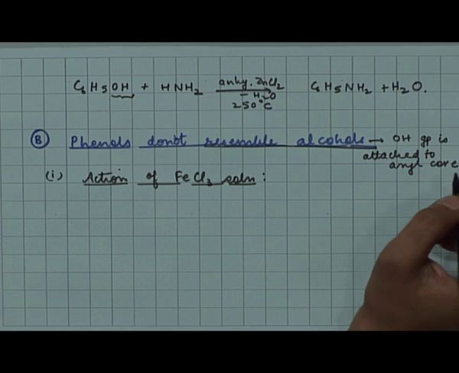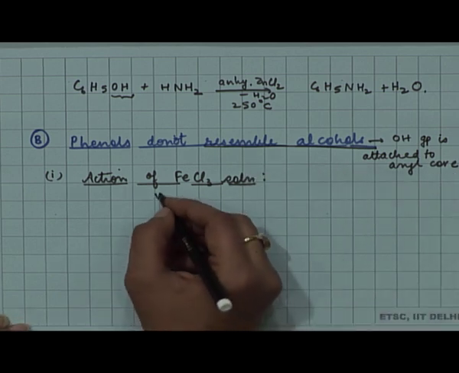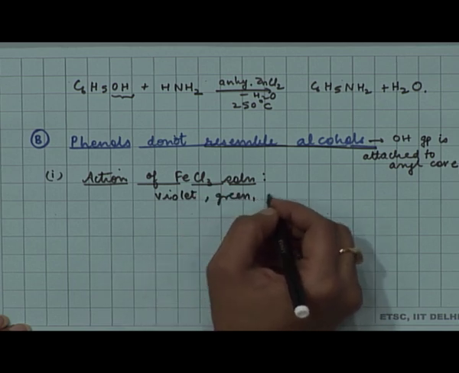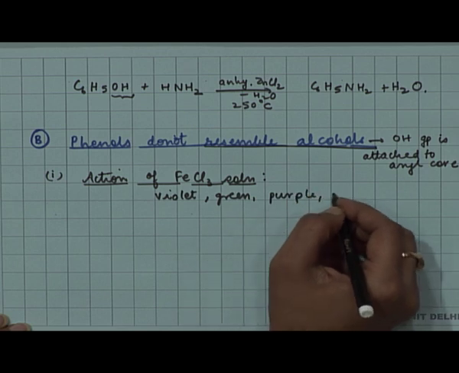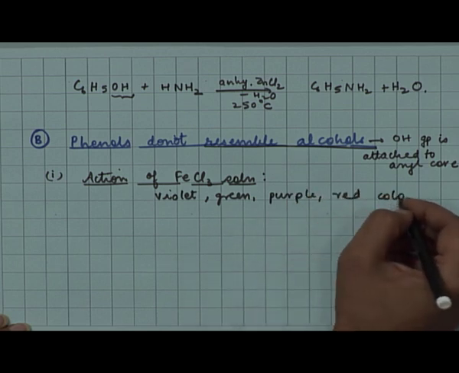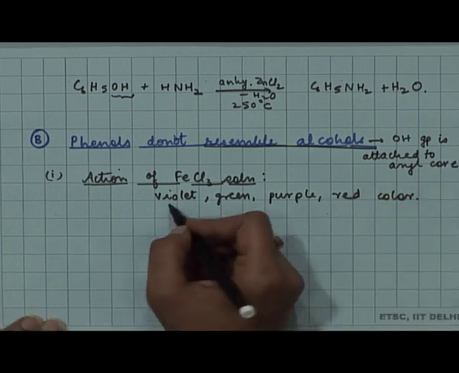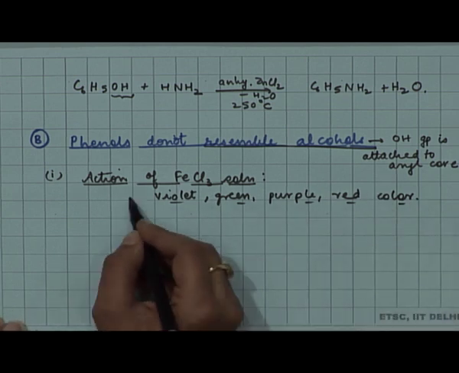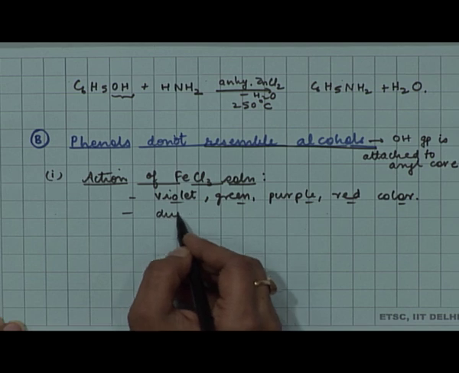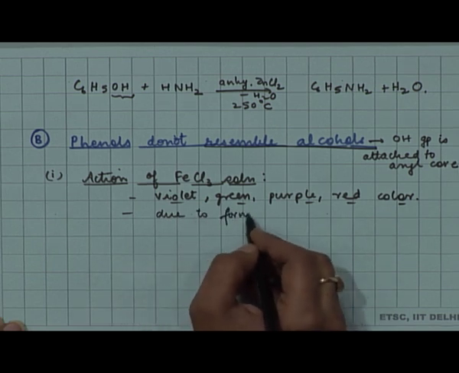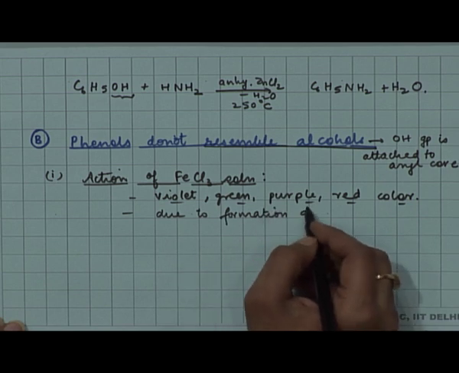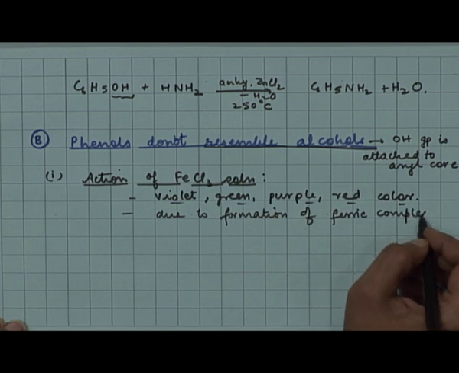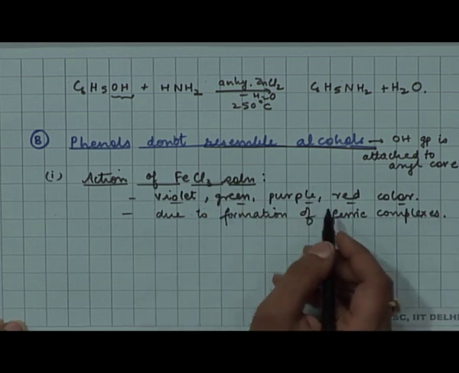The action of ferric chloride solution on phenol gives a violet, green, purple or red color. Different colors appear depending upon the type of phenol you are using, and this happens due to the formation of ferric complexes of ferric chloride with phenol.